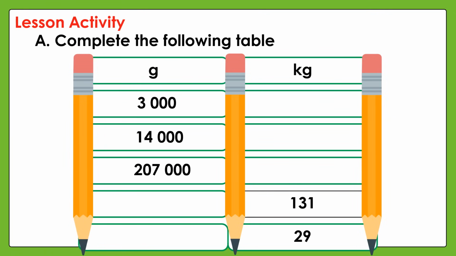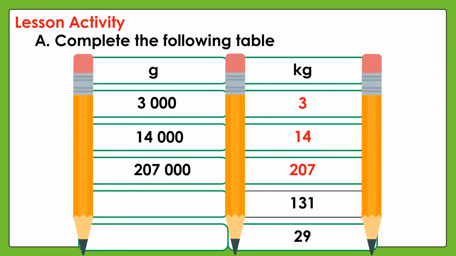Lesson activity letter A. Complete the following table. Grams to kilograms and vice versa. Number 1, 3,000 grams is equal to 3 kilograms. Number 2, 14,000 grams is equal to 14 kilograms. Number 3, 207,000 grams is equal to 207 kilograms.